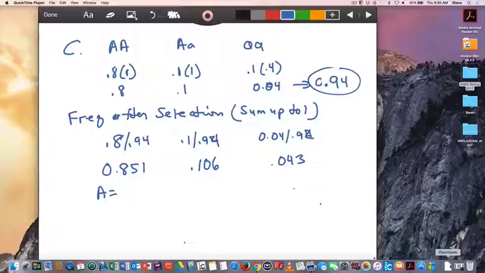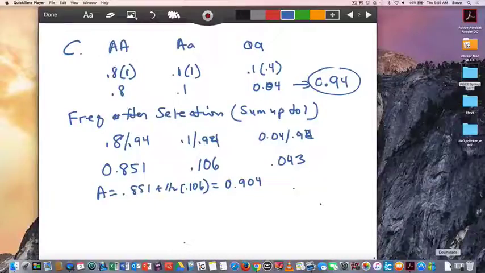It's basically the frequency of one of the homozygotes plus half of the heterozygote. Okay, so if you take that, 0.851 plus half of 0.106, what you get is 0.904.